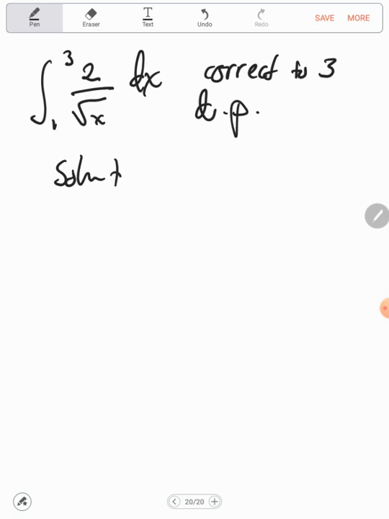Okay, so here our A is 1, B is 3, and our N is 4.